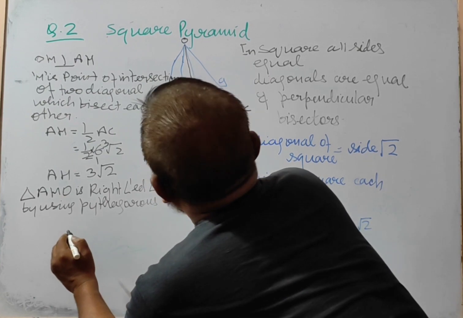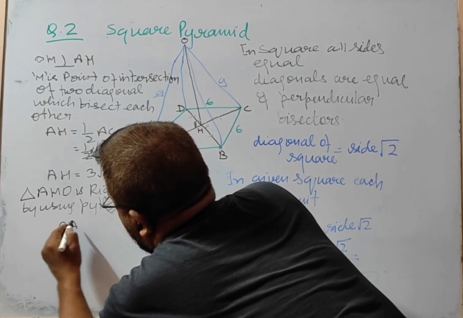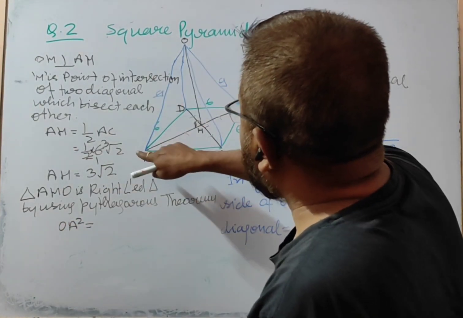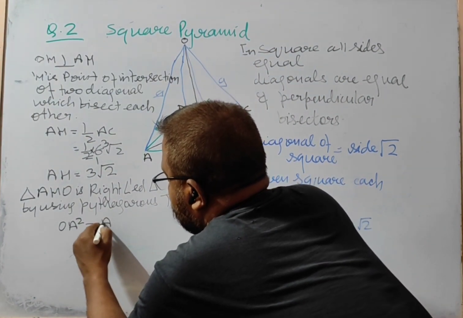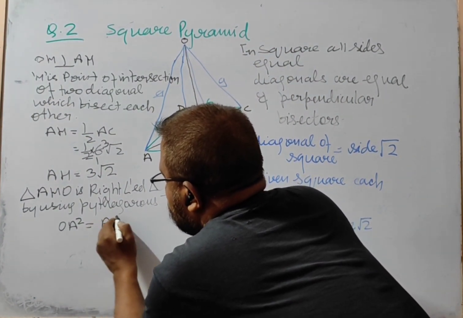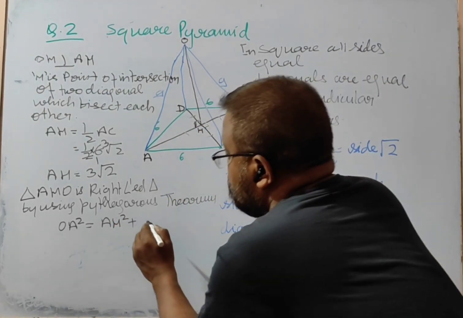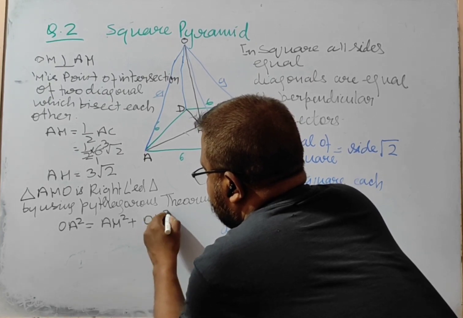we have OA square, means hypotenuse square, is equal to AH square plus OH square. Fine.